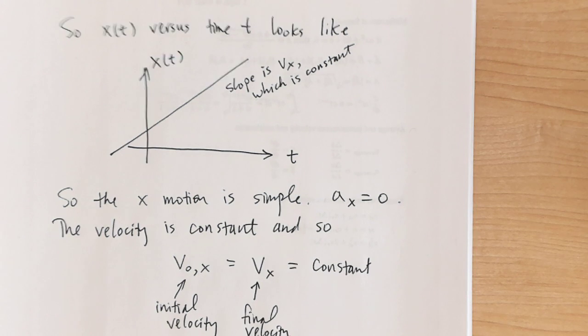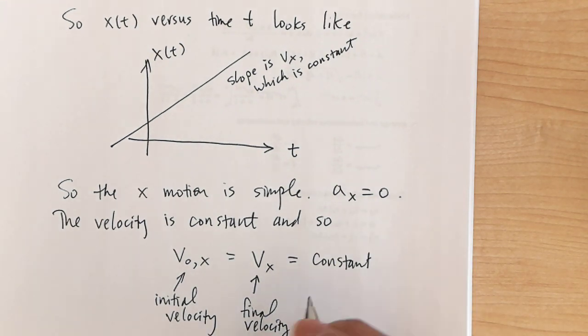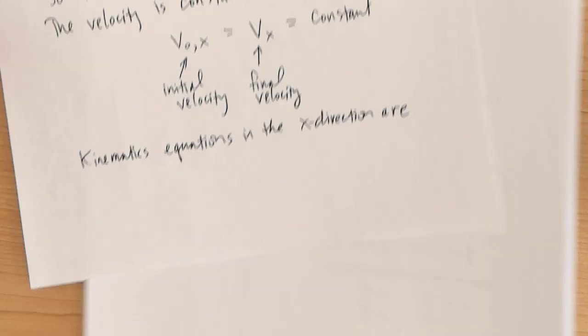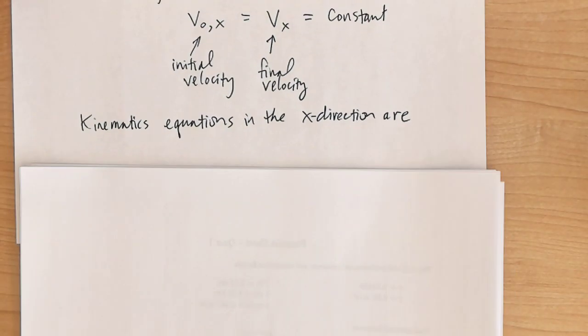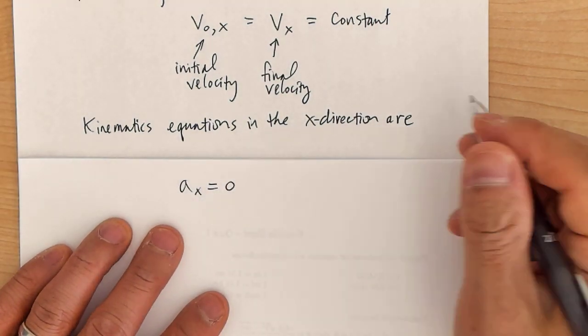Alright, so if I have constant motion in just the x direction, the kinematic equations, how things behave as a function of time, are the ones we know for constant velocity, so there's no acceleration.